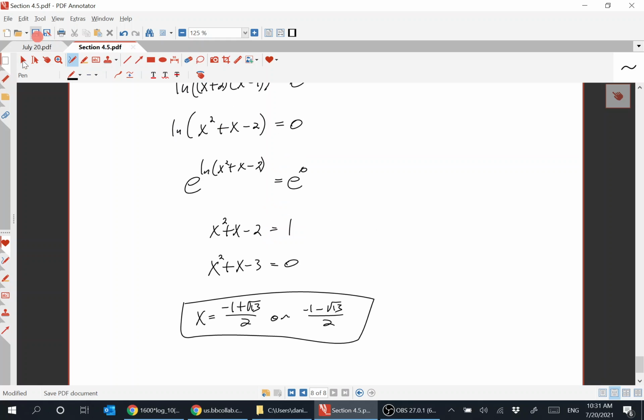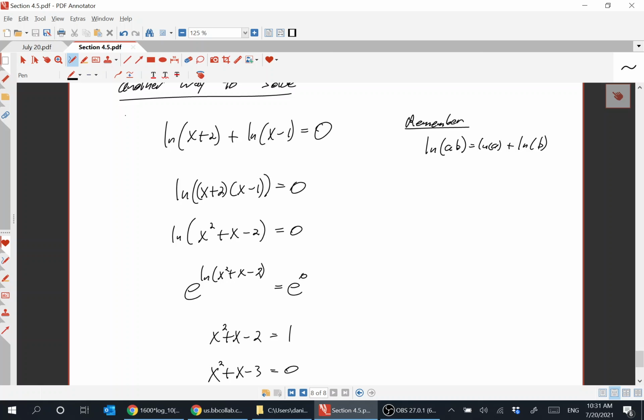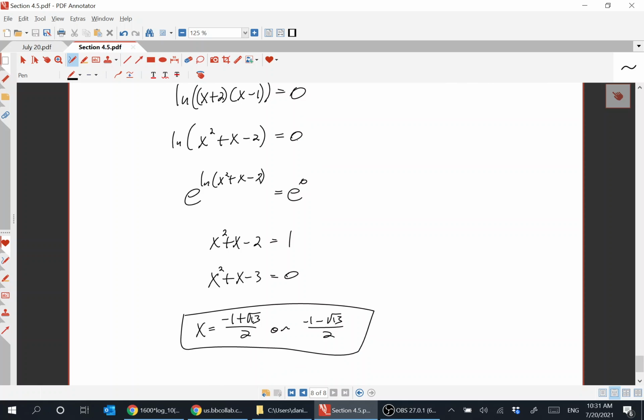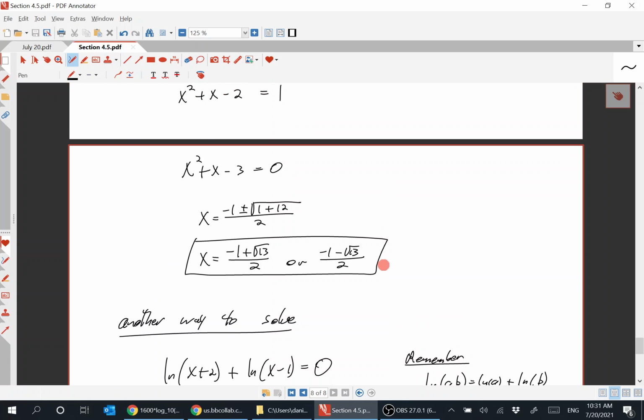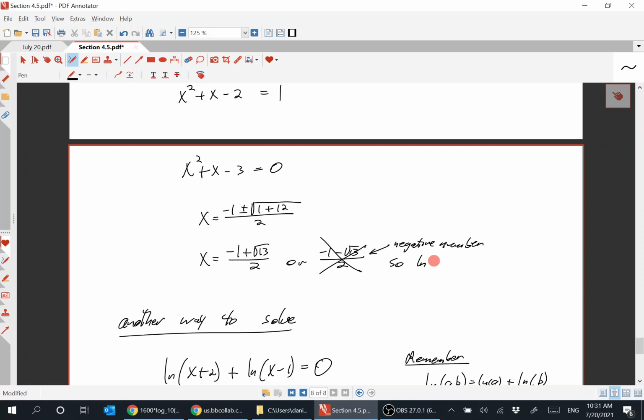Well, actually, this one is not a solution, because this is a negative number, so the natural log of x minus 1 is undefined. So this is the only solution, right?